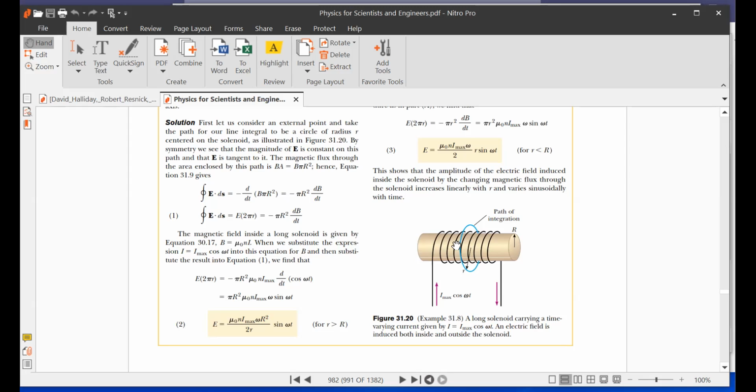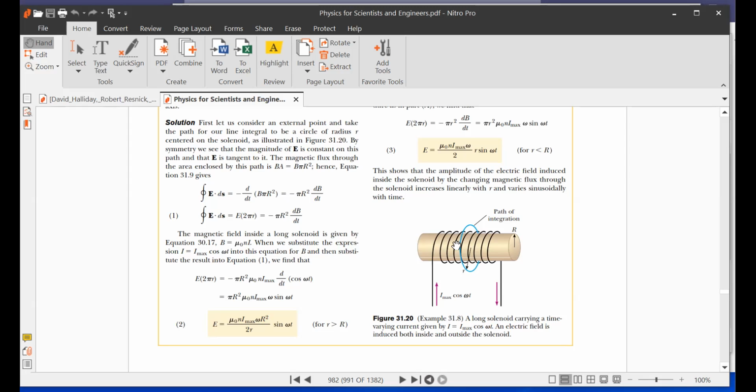The easiest way is to take the example where little r is around the solenoid, meaning little r is greater than capital R, but not so big, almost capital R. Is that clear?